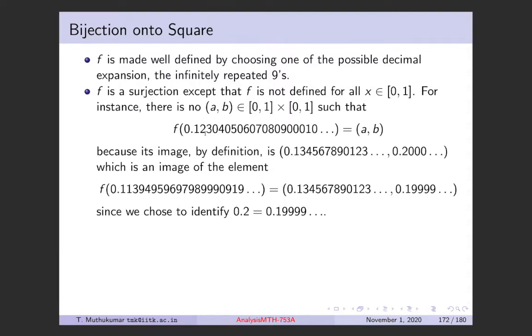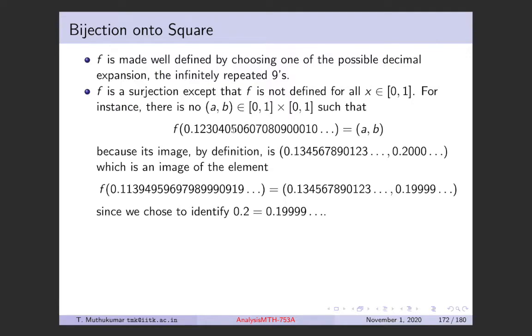Take this number, and there is no (a, b) in the square such that f of (a, b) is this number. Okay, so this number is not mapped to the square at all. Let's see what the map is by definition. So by definition, where does this number get mapped?